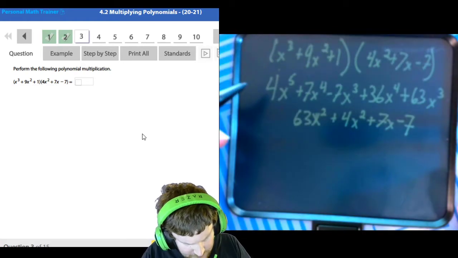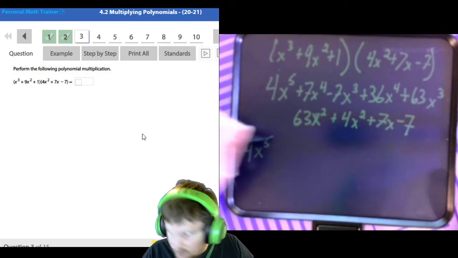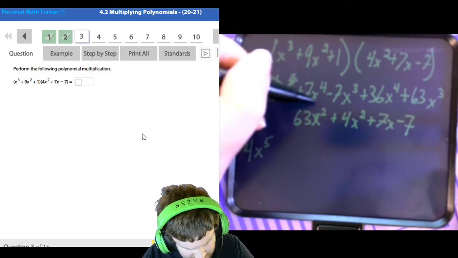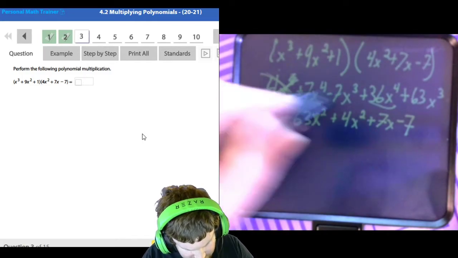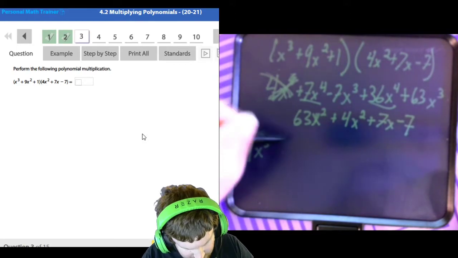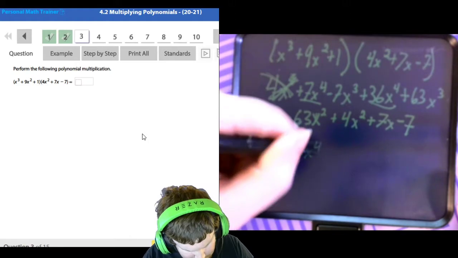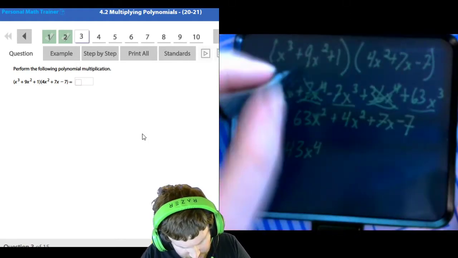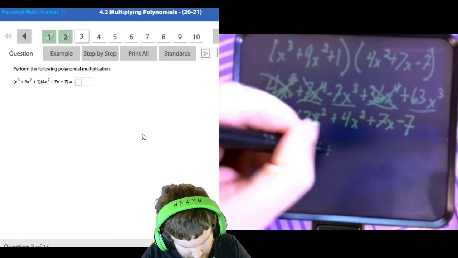Alright, so I only have a single x to the fifth, so that can stay by itself. X to the fourth here, x to the fourth here. 7 and 36 is going to be 43. To the third and to the third, this is minus 7 plus 63. So 63 minus 7 is going to be 54.